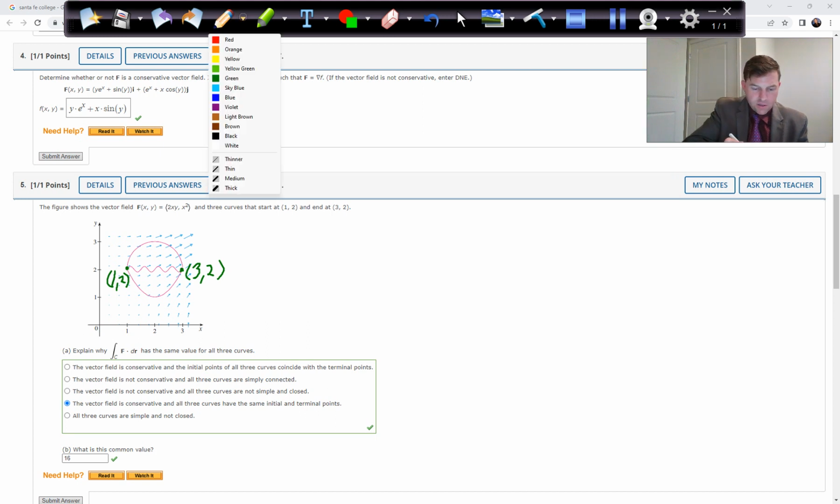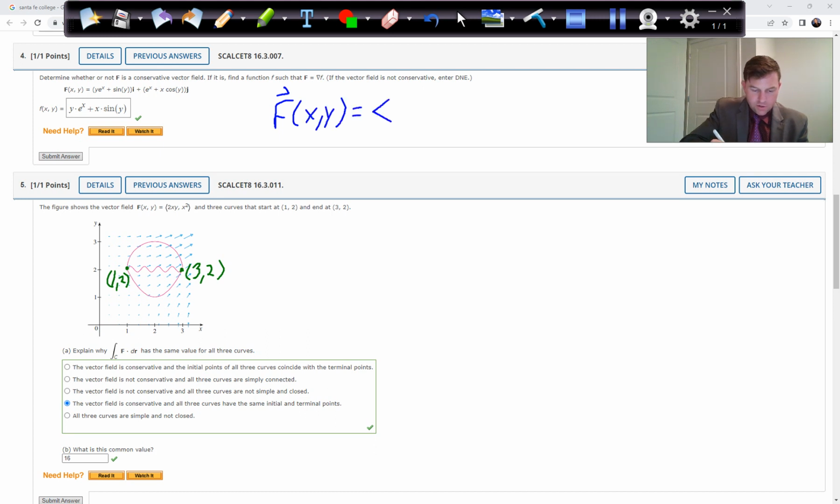And they give us that the vector field is, in shorthand notation, no i's and j's, <2xy, x^2>. So just like before, we're going to start by finding if this vector field is conservative.